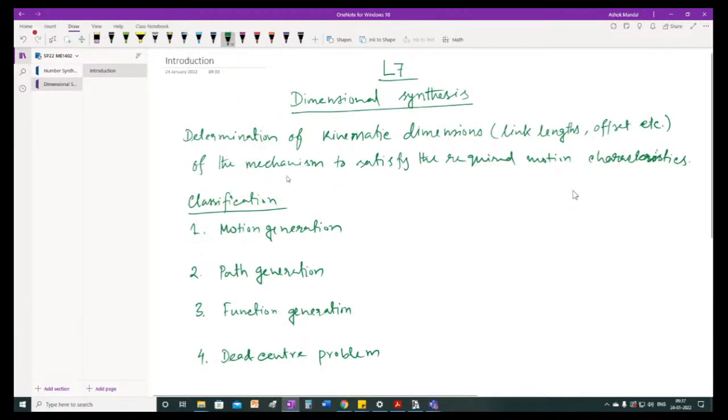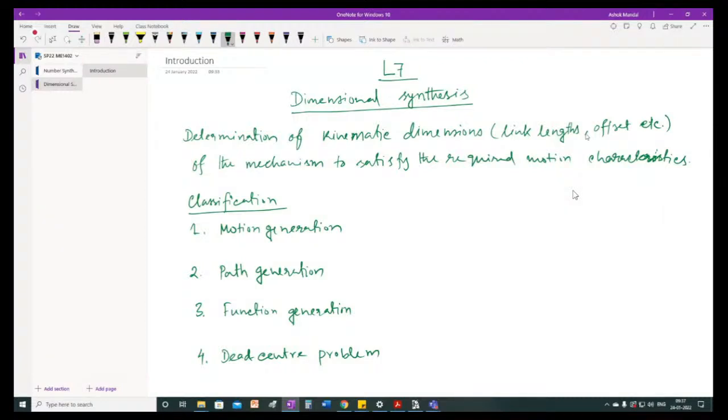So, what do we actually want to do? Suppose there is a mechanism, and that mechanism has to satisfy a particular kind of motion, required motion characteristics. To ensure that, you would need to define what should be the length of the link, what should be the offset, and other things.